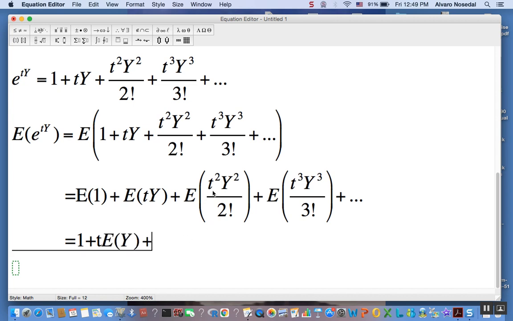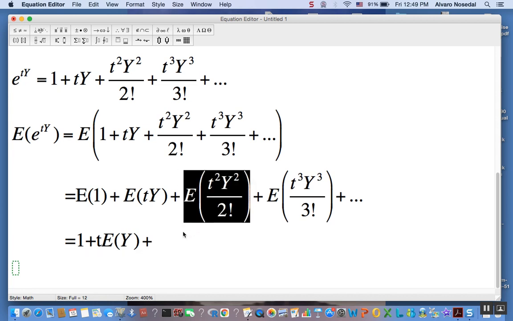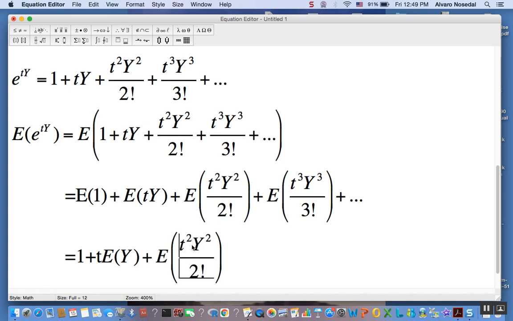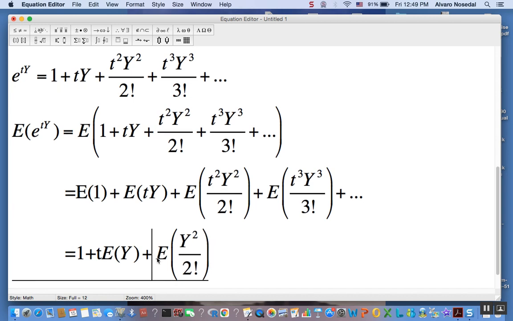And then you have something similar here for this guy. You could factor out that t squared, because the expected value is taken with respect to y. That's the random variable.